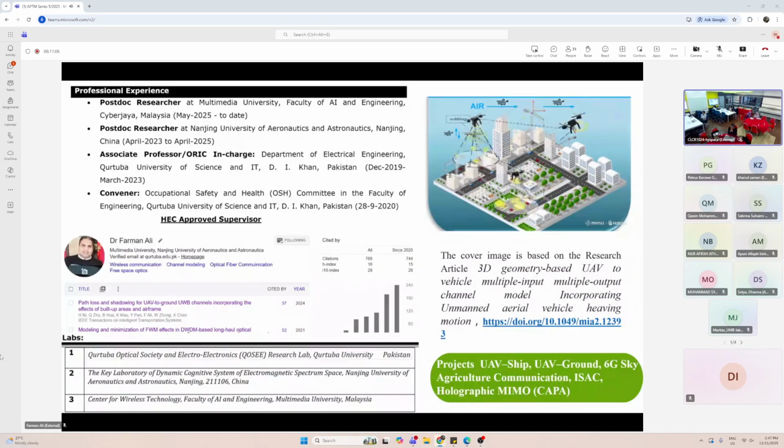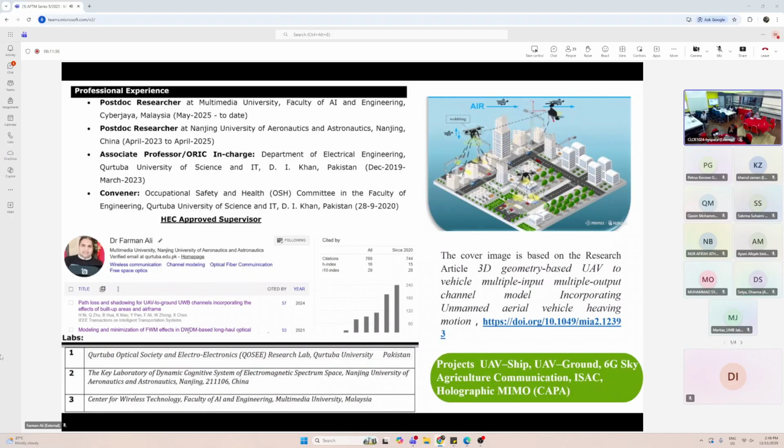This is my short background. I am connected with three affiliations: Cordoba University, Pakistan; Nanjing University of Aeronautics and Astronautics, China; and Multimedia University, Malaysia. This is our first issue cover page in IIT journals, which we got among 100 cover pages. This is our page published in the IIT journal.